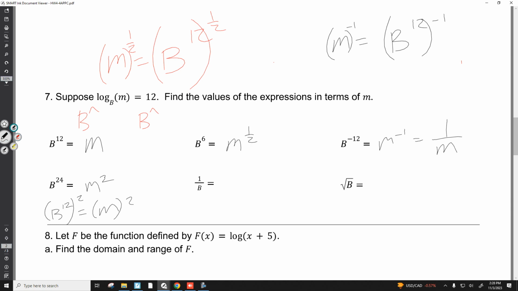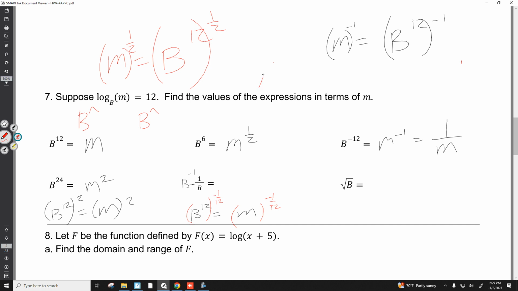Yeah, sure, that's it. B to the 12th equals m. I want b to the negative first. I will take both sides to the negative 1/12th power. Because powers to a power, you don't take 12 to the negative 1/12th power.